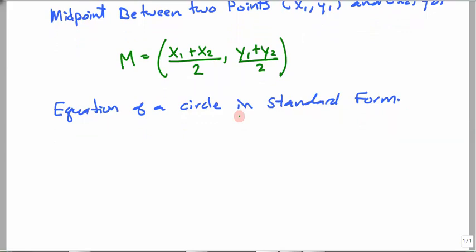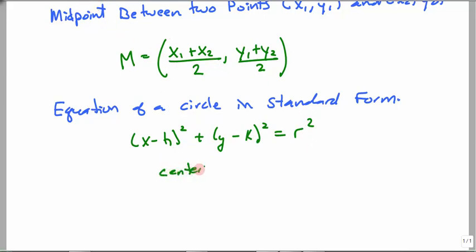So the standard form for the equation of the circle looks like (x − h) quantity squared plus (y − k) quantity squared equals r squared. Now the center of the circle then is the ordered pair (h, k). Notice it's opposite because I have a minus sign here. And the radius of the circle is just lowercase r here, radius.